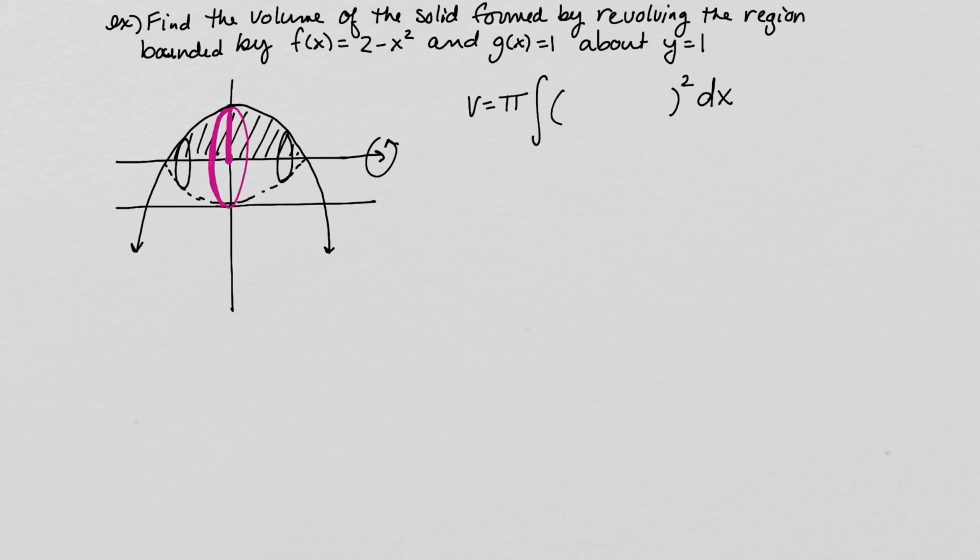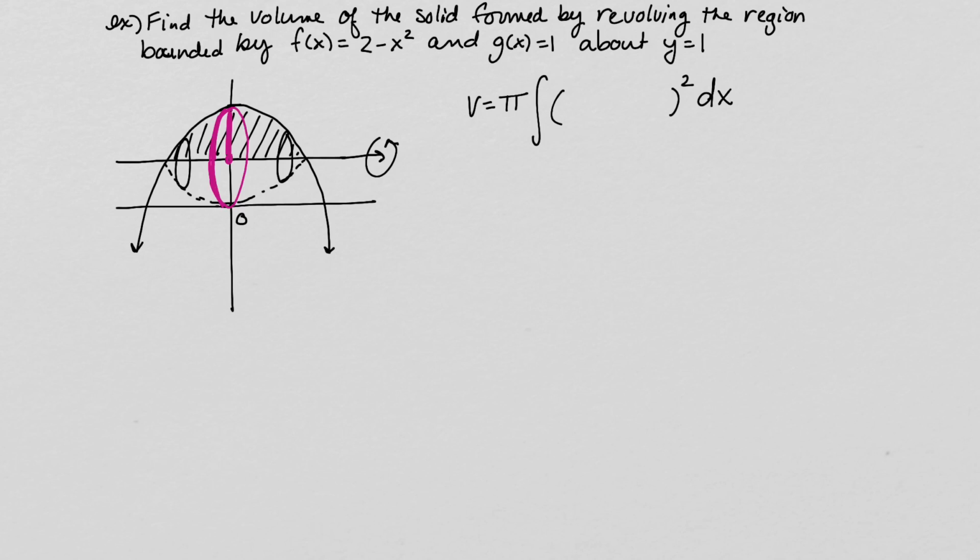The thing that's a little tricky here is most people are like, okay, cool, so I just need to plug in the function 2 minus x squared, right? That's my radius. The thing you want to remember is we've taken this and pushed it up.